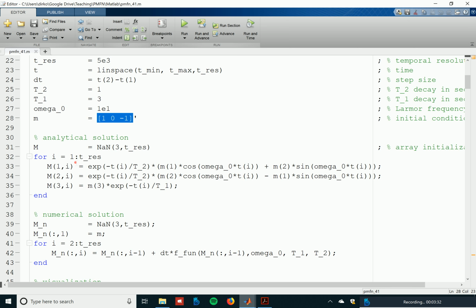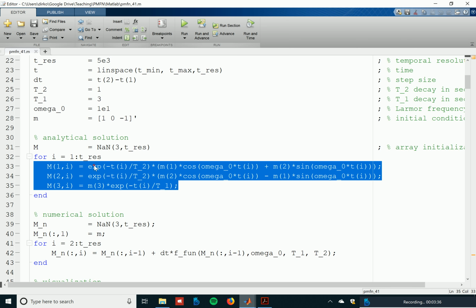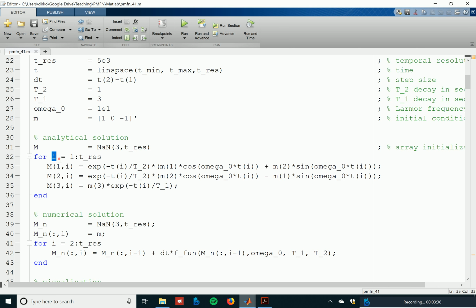Thing is, if one wants to look at the solution, what these equations mean is just that you can compute for each time point the value of the x component, the value of the y component, and the value of the z component. Yeah, so x, y, and z.